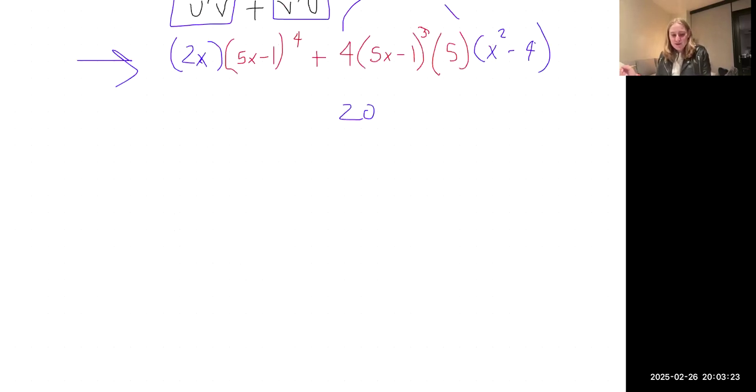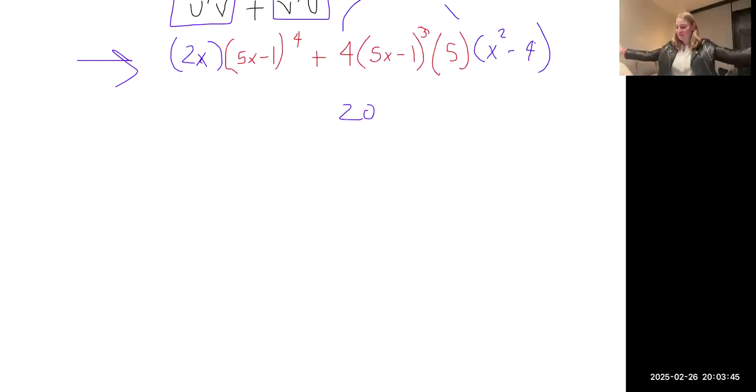I just have to remember the rules, because I keep having to look back at my notes. I did remember from yesterday the u prime times v plus v prime times u, which I hadn't had memorized before today. That's definitely improvement.